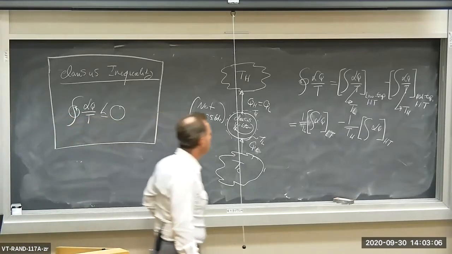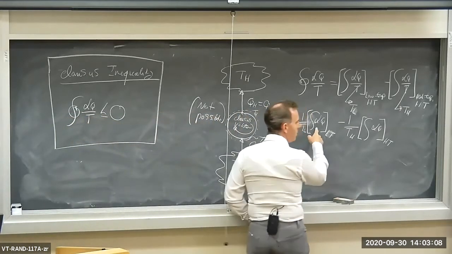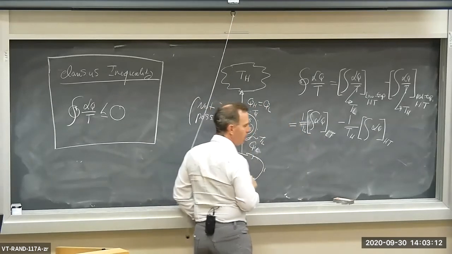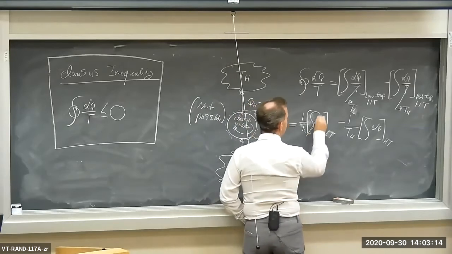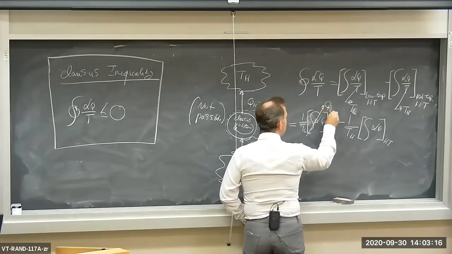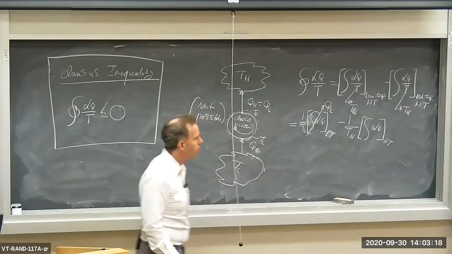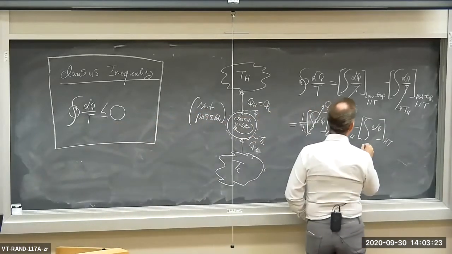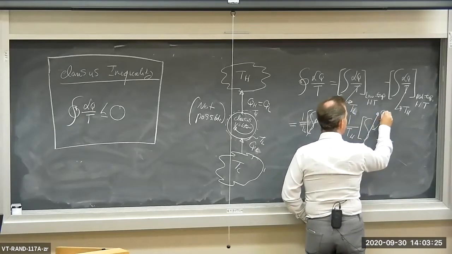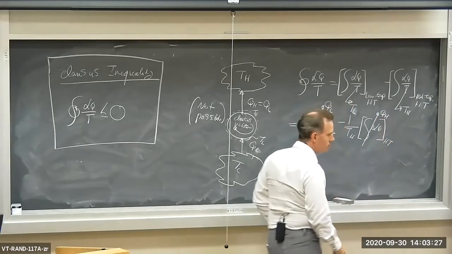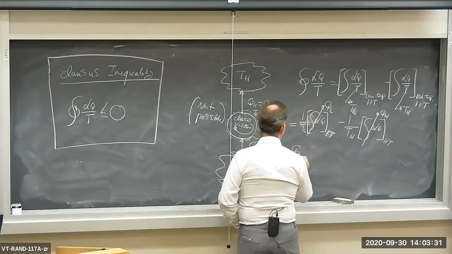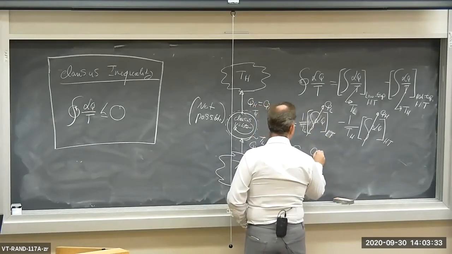The total heat transfer, the integral of the differential heat transfer into my system from the low temperature reservoir is QL. That's the total heat transfer over the heat addition process. The total heat transfer over the heat rejection process is QH. So I have QL over TL minus QH over TH.